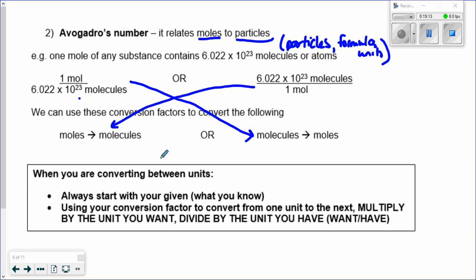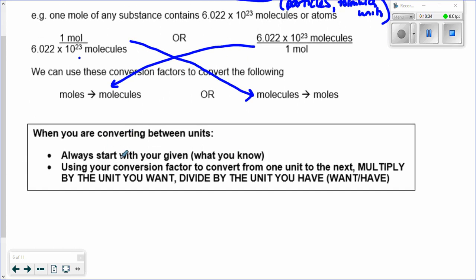So when you are converting between units, you always want to start with your given, and then use your conversion factor to convert them from one to the next. So multiply by the unit you want, divide by the unit you have. We did this type of thing in physics, so even though that's kind of wordy, it should make sense what I'm talking about there.